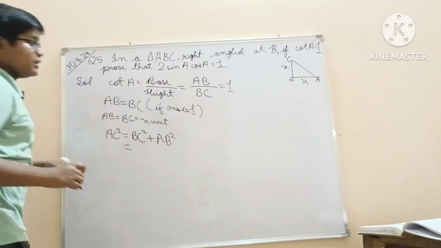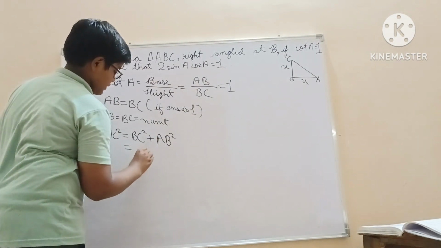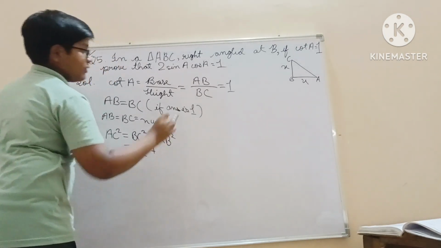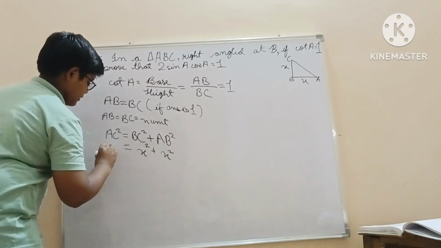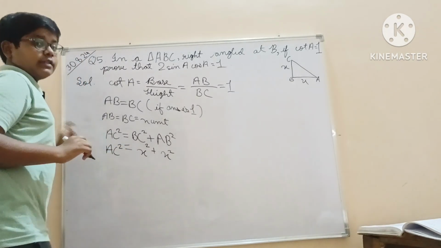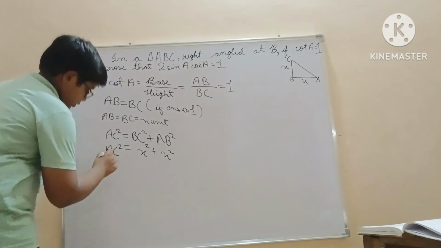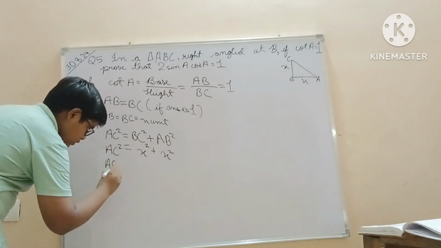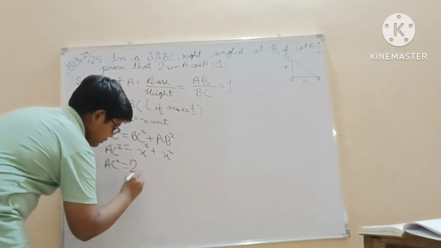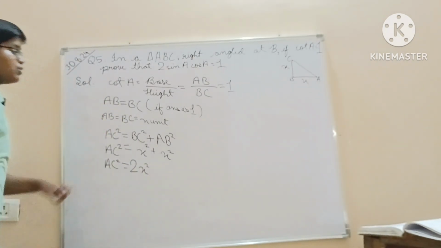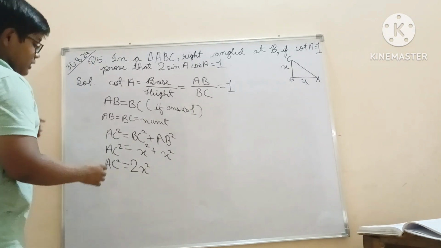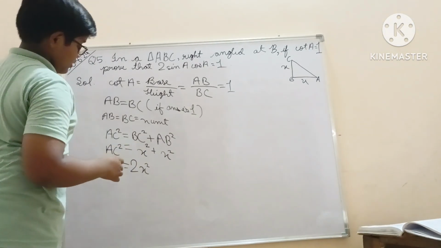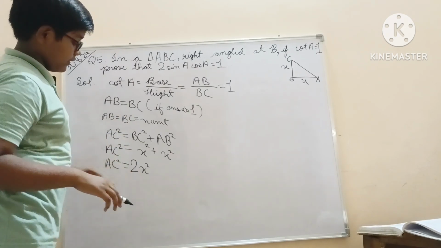Now the value of BC is x, so it will become x square, and AB will become x square, and AC square will remain because there is no value of AC. Now adding, this gives us 2x square, which is the value of AC square.